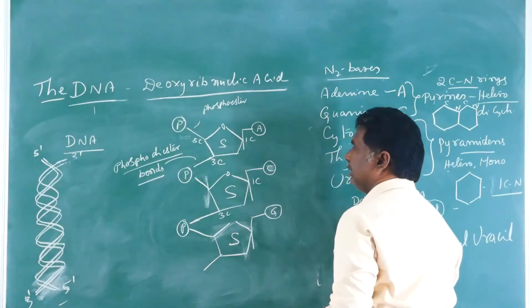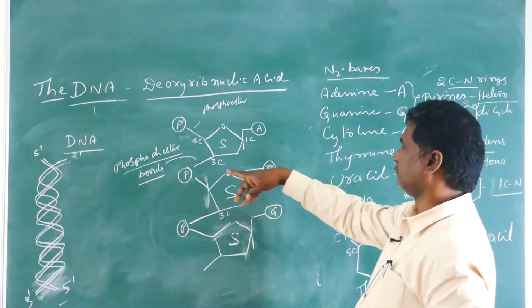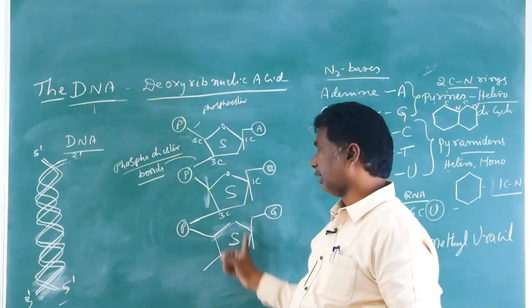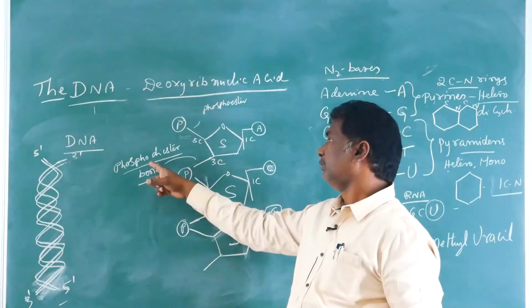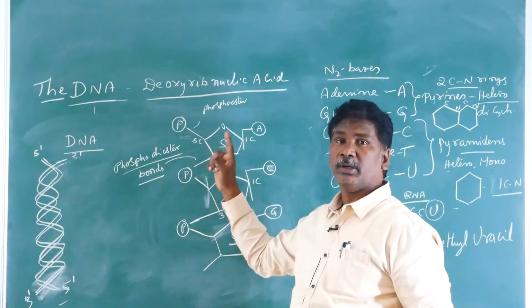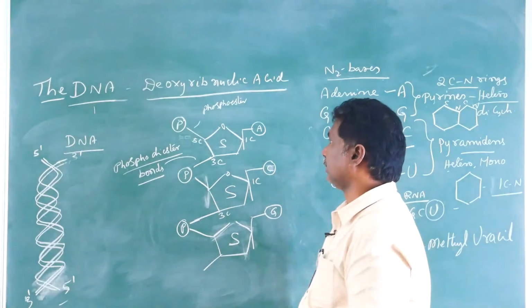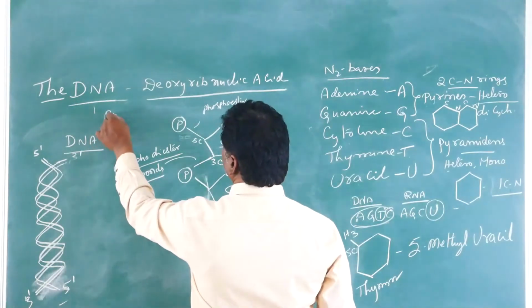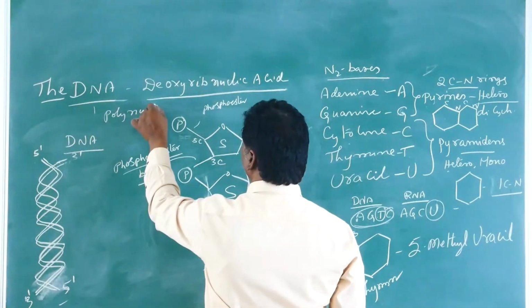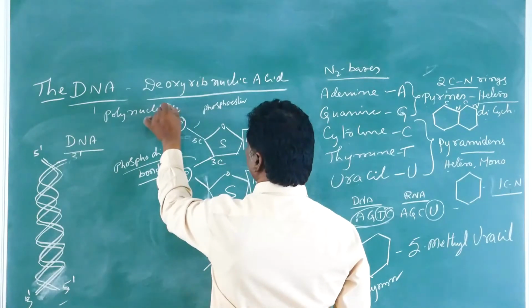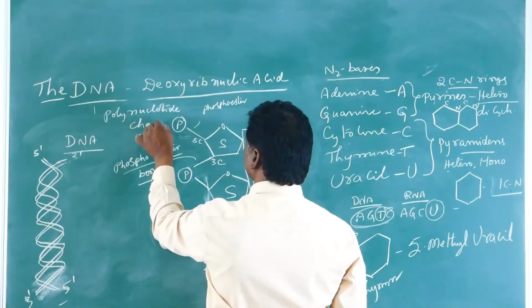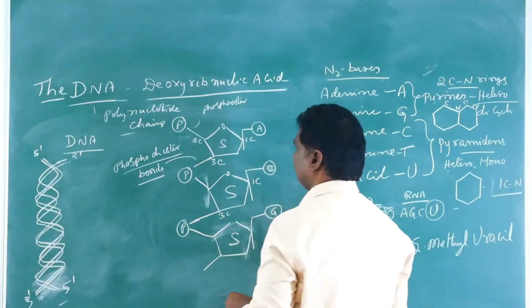In this way, a long chain of nucleotides is formed with the help of phosphodiester bonds. This long chain is simply called a polynucleotide chain.